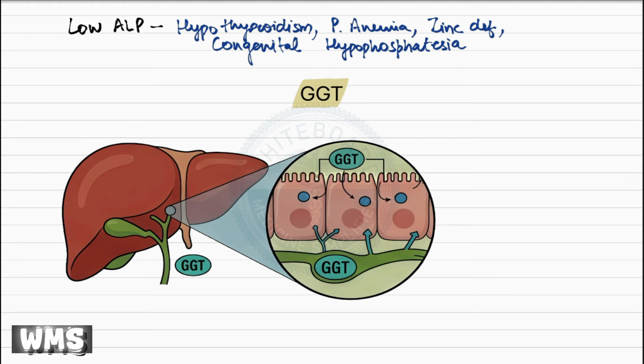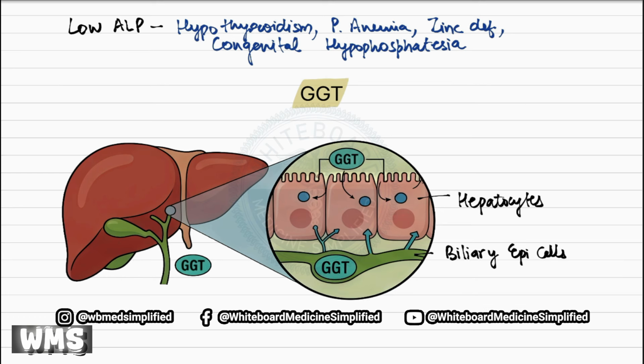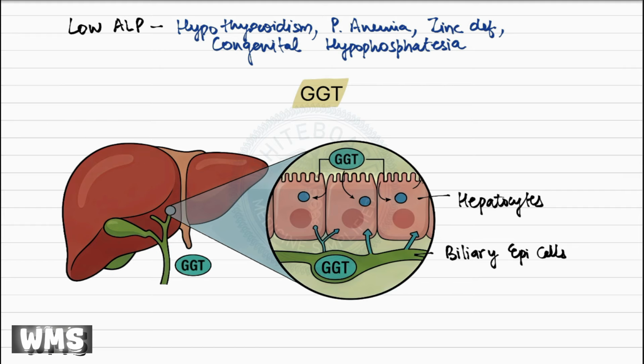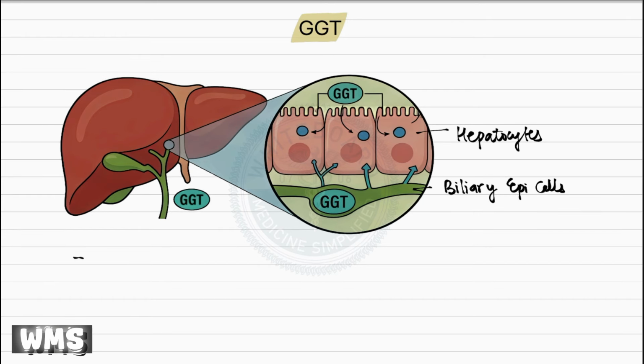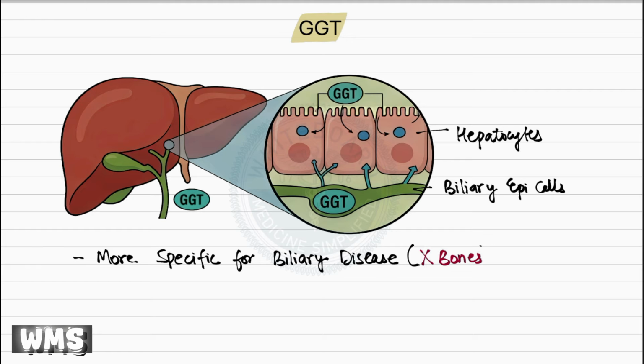GGT is a microsomal enzyme present in hepatocytes and biliary epithelial cells, but it is also found in other tissues such as renal tubules, pancreas, and intestine. It is considered more specific for biliary disease when compared to alkaline phosphatase because, importantly, it is not present in bone.